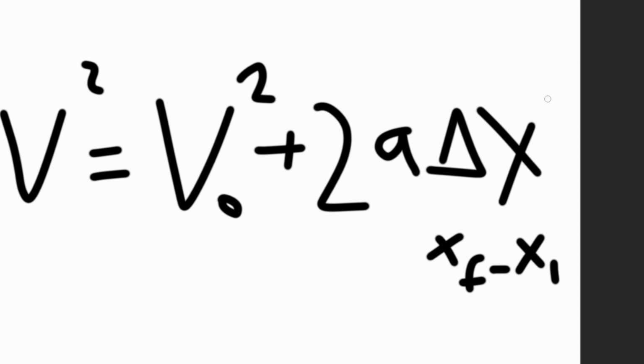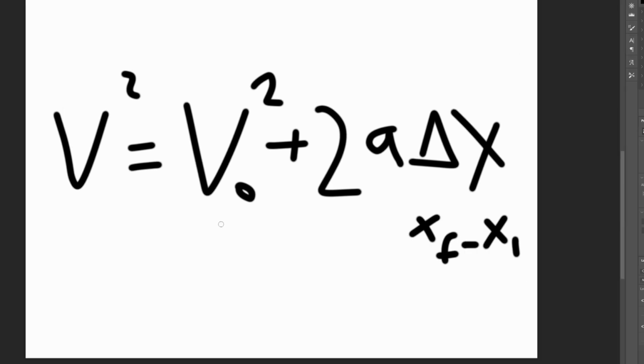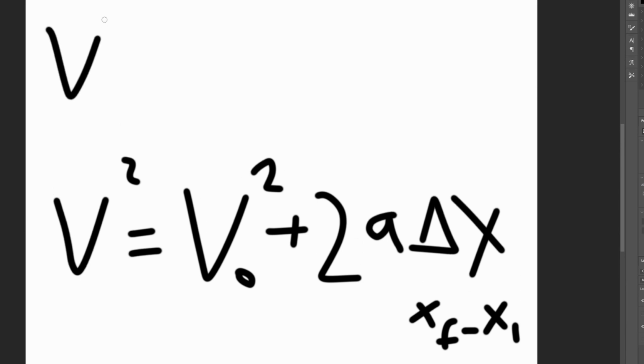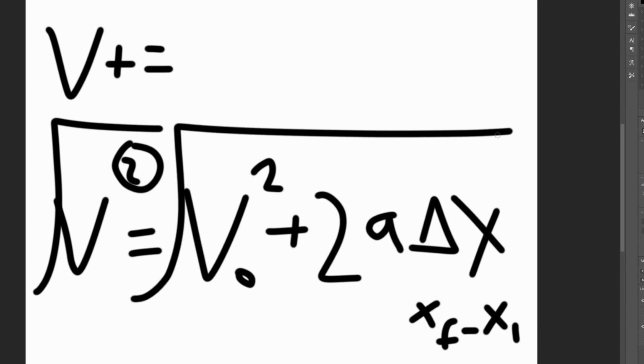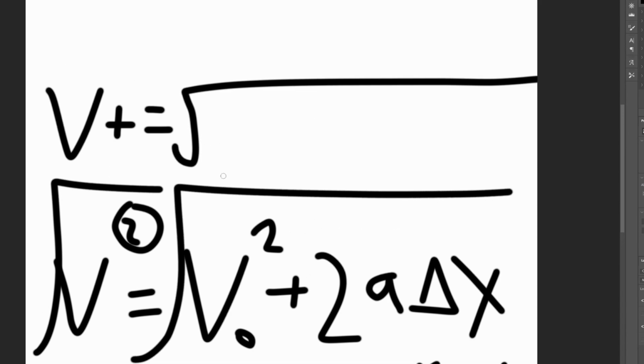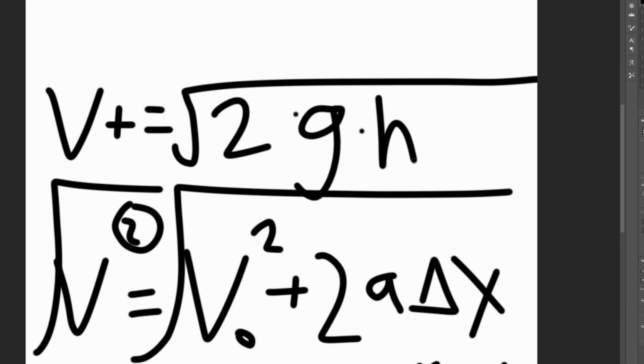In this case, x can be the height. So instead of v initial squared, we're just doing v +=, and we square root the whole function. That's why we have Mathf.Sqrt. And then we can do 2 times a, in this case acceleration is our gravity, times the delta x, which in this case is just our height.